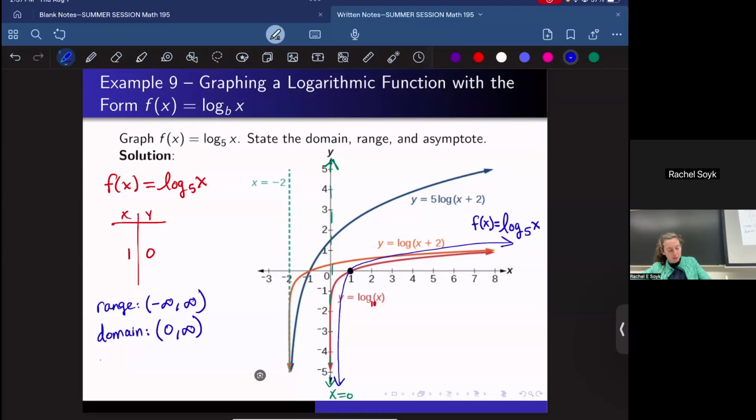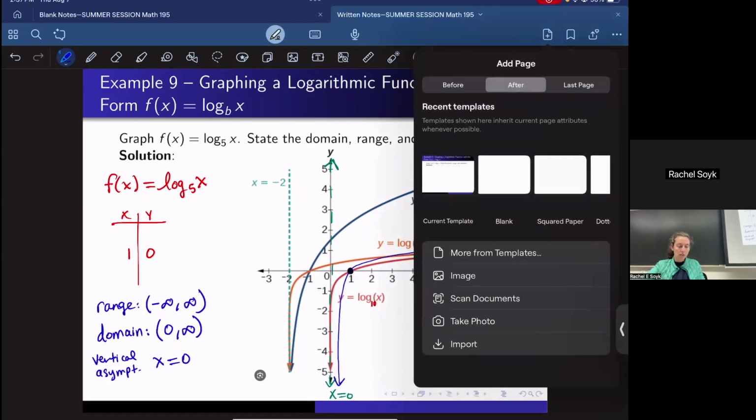And then we have our vertical asymptote at x is equal to 0. And that's it. But I really do want to create another slide just emphasizing the log base 2, 3, 4, 5, 10 of x. So I'll do that really quickly on the next slide.